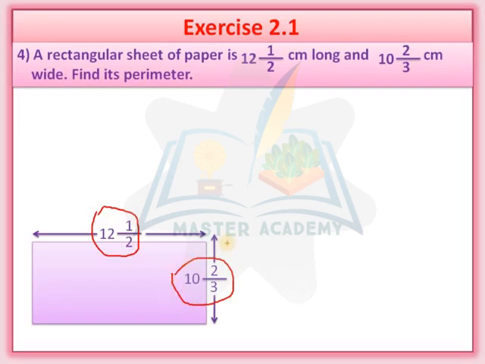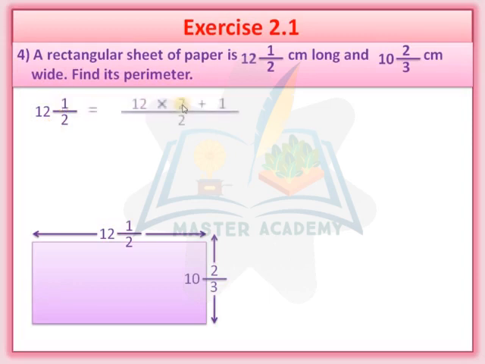Okay, so you can see, 12 integer 1/2. What we have to do, we will multiply by these two numbers. So 12 times 2 is 24, and after multiplication, we will add this 1. So 12 times 2 is 24, plus 1 is equal to 25/2.